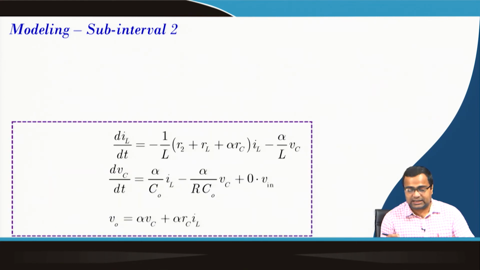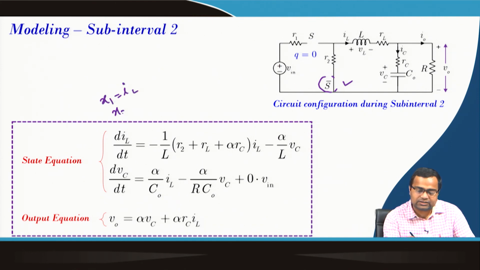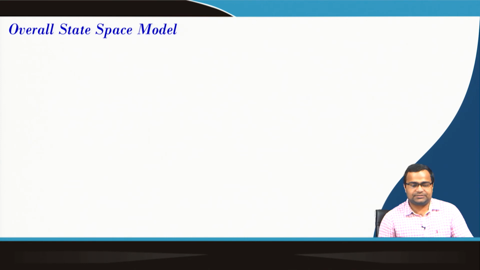Then we can consider sub interval 2, where the main switch is off, but the complementary switch is on. Under this condition, again our state variable is IL and x2 is equal to Vc. So, you can write the state space equation from this subsystem dynamics.